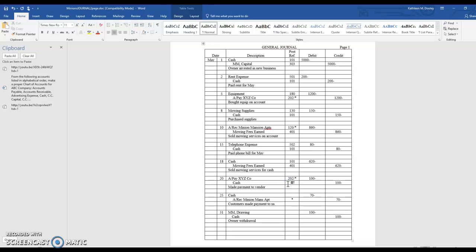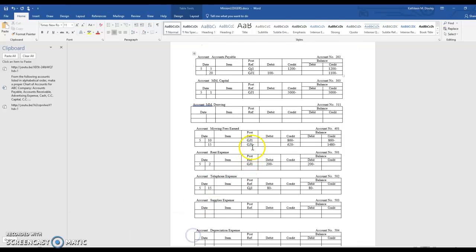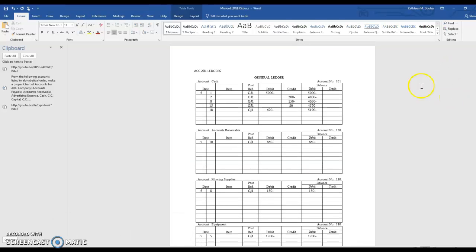Okay, and we have a credit to cash of $100. Previous balance was $5,190 debit. Now we have a credit, so we have to subtract. So that's now $5,090 debit.